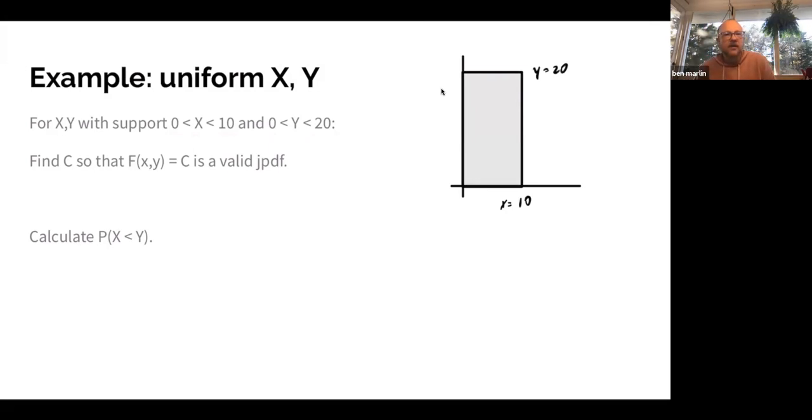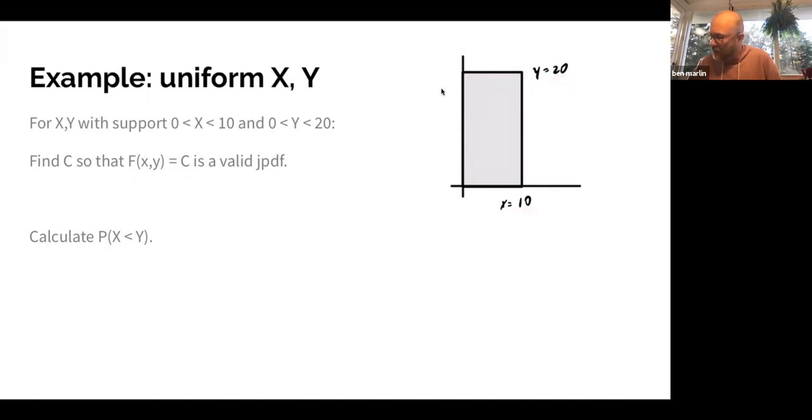All right, so now we need to find a C value so that our distribution here, f of x, y equals c, that should have been a lowercase f, sorry, is a valid joint probability distribution function. Now, of course, you're going to integrate it across this region here, and the region has an area of 200.